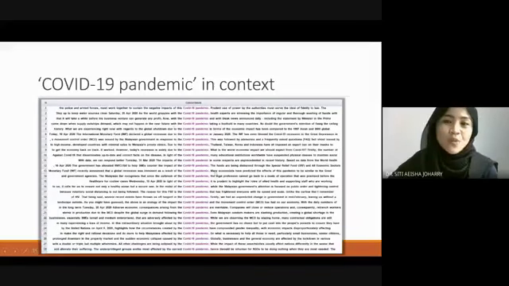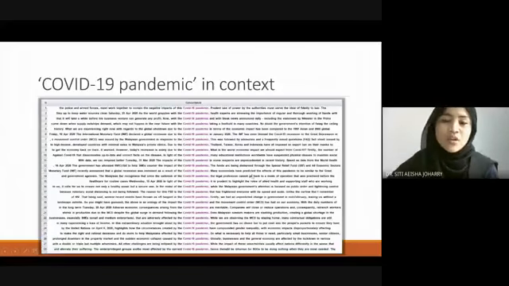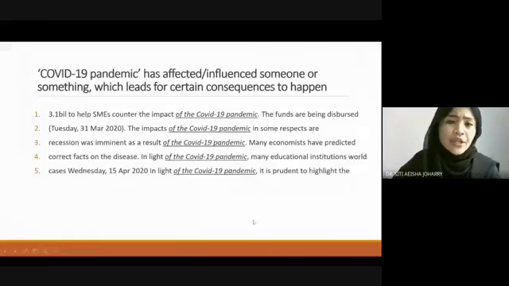And so with the corpus, you can actually move this around and highlight which part you are interested in, to then describe your findings. One of the things that we did was look at some patterns to the left of COVID-19 pandemic or to the right of COVID-19 pandemic, and this is what we've basically found. First, we can say that COVID-19 pandemic has affected or influenced someone, something, and that led to certain consequences.